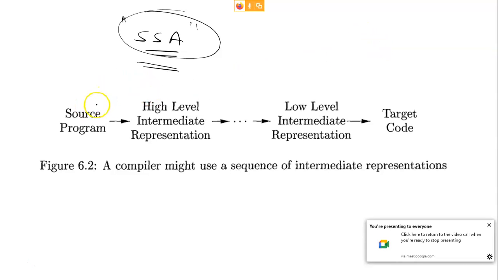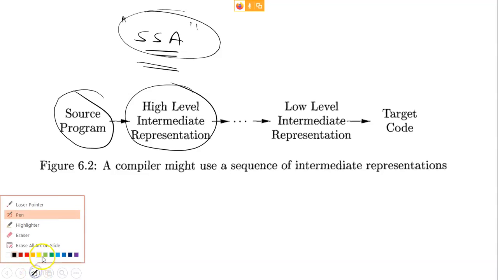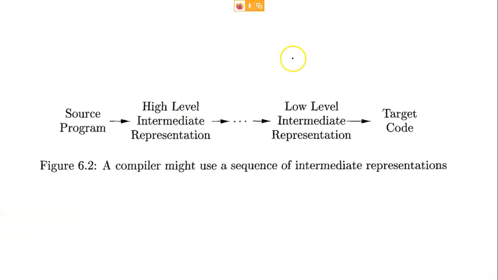Basically you have a source program, and that source program goes through some stages like lexical analysis, syntax analysis, semantic analysis. Roughly these stages we have. Even when the compiler is going through these stages, it also uses some intermediate code, intermediate representation.